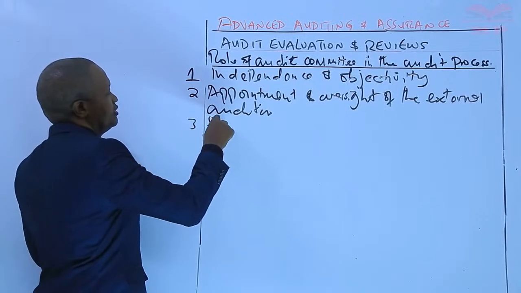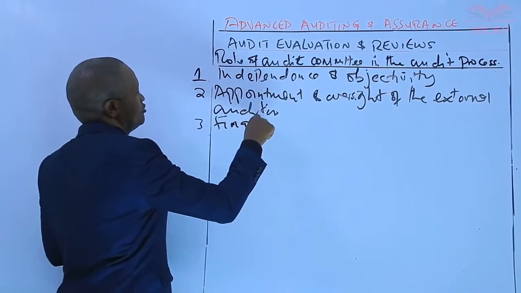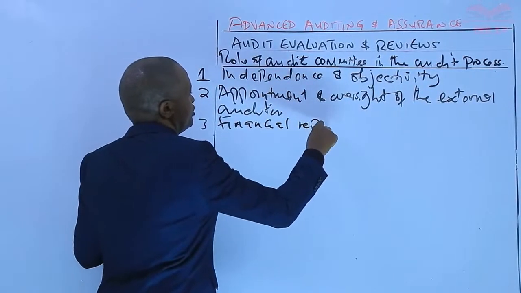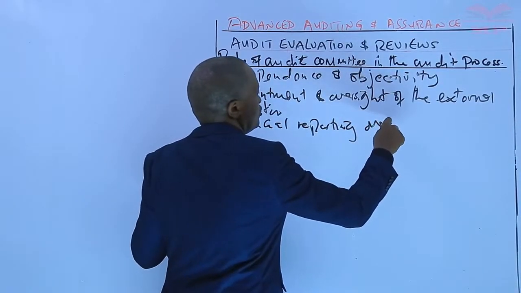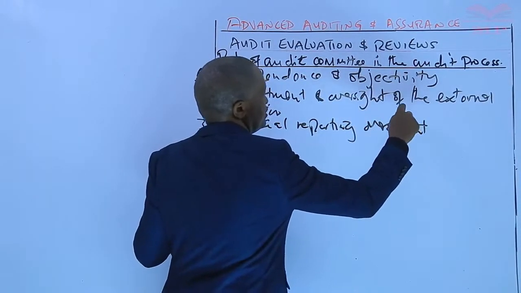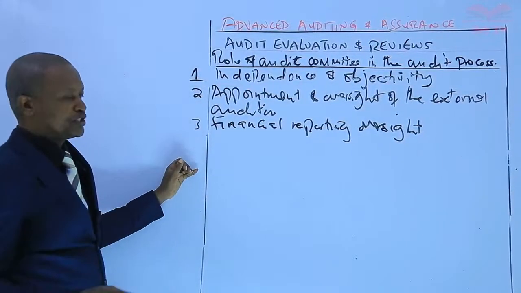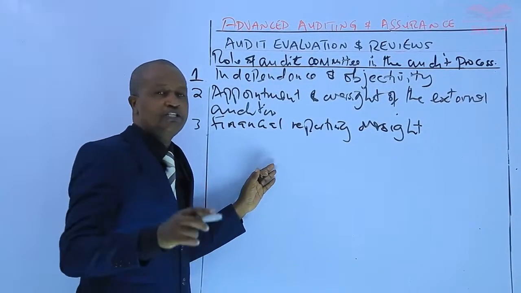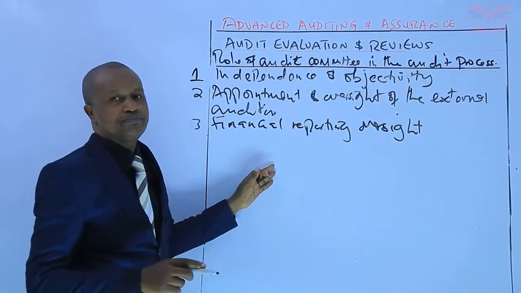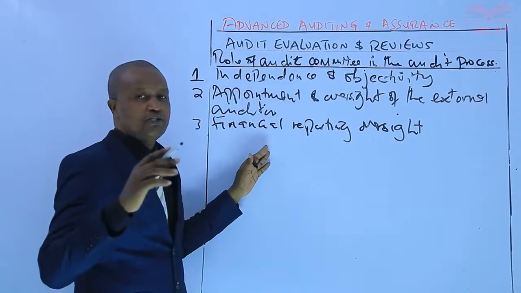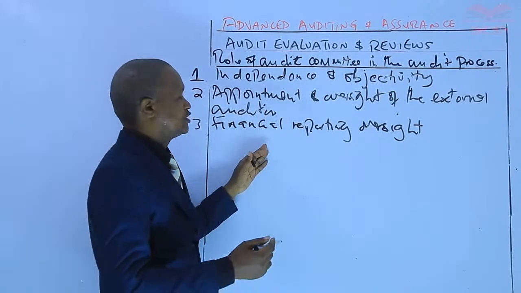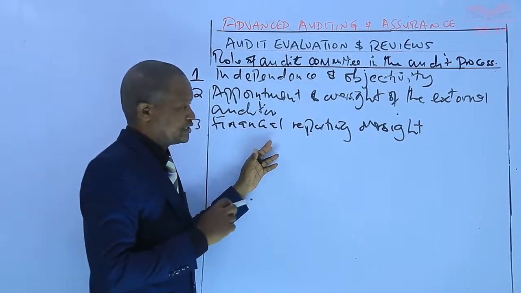Number 3, financial reporting oversight. The audit committee reviews and provides oversight of the organization's financial reporting process.